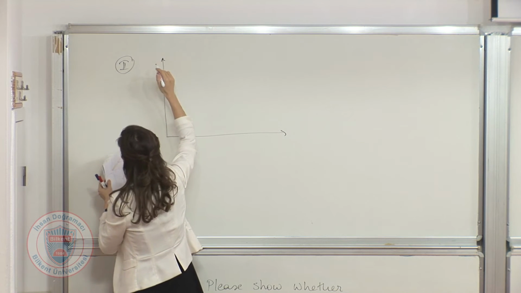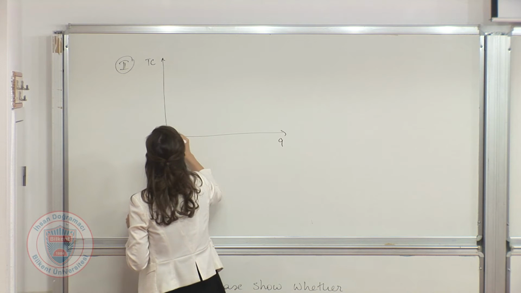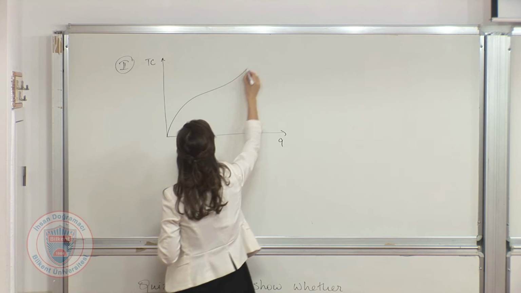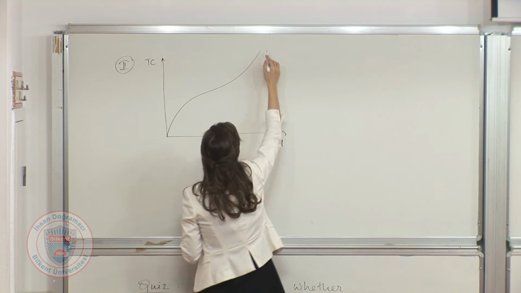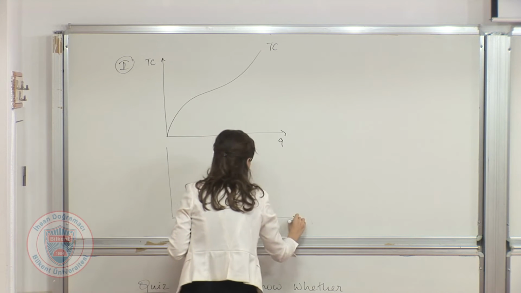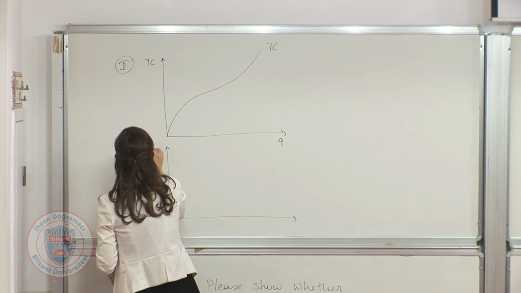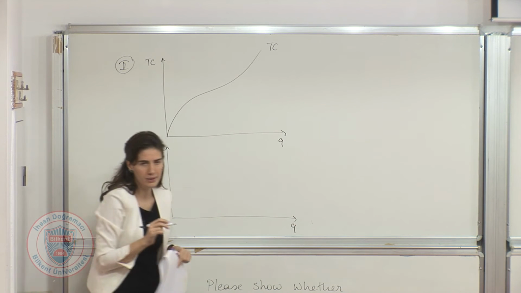Here I have total cost, here I have my Q. Usually we would have something like this, so this is going to be the total cost. It would have this cubic shape mostly. And then here is marginal cost and average cost, and here is Q.